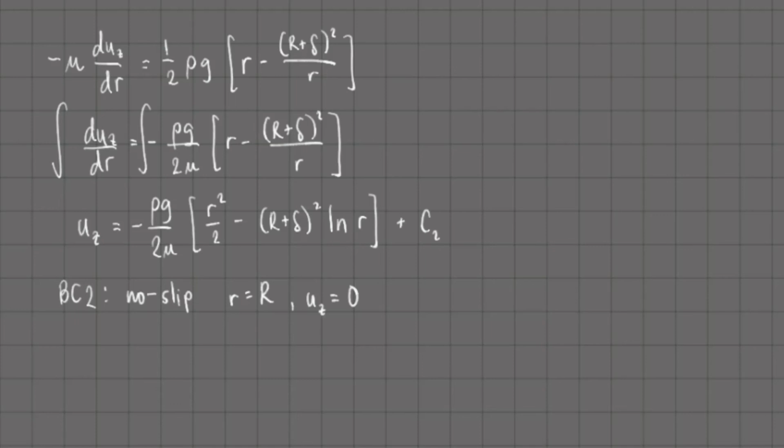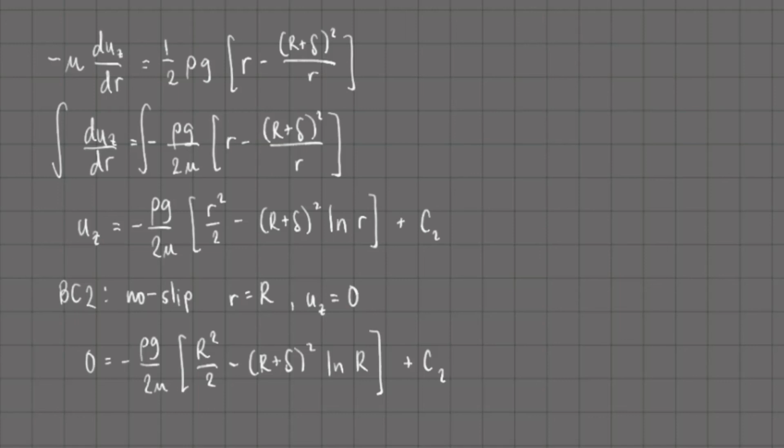We will have 0 equal to negative rho g over 2 mu multiplied by capital R squared over 2 minus capital R plus del squared ln of capital R plus C2. Simplifying this, we simply transpose one of the terms to the other side.